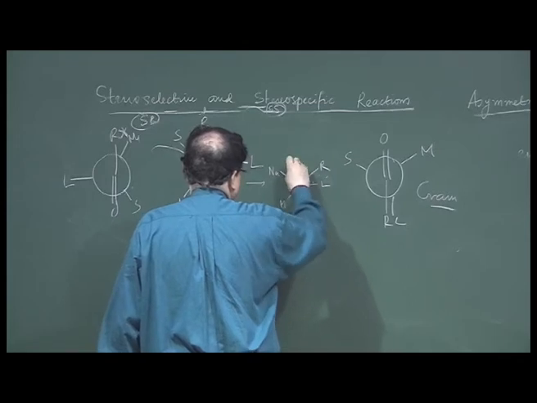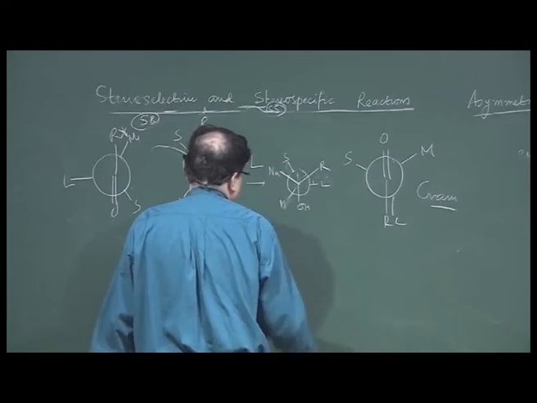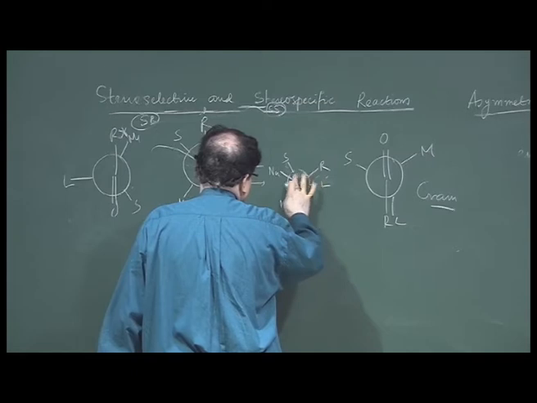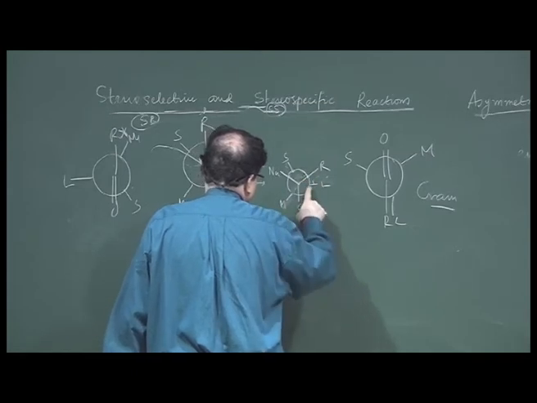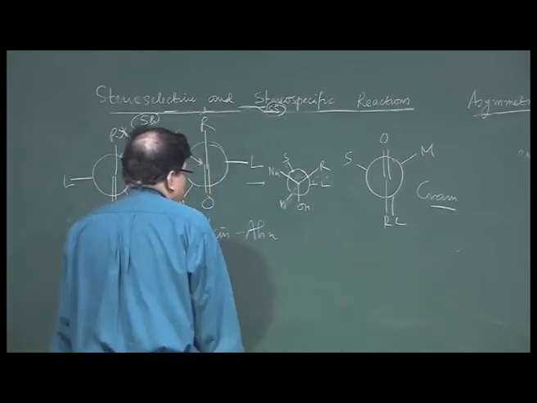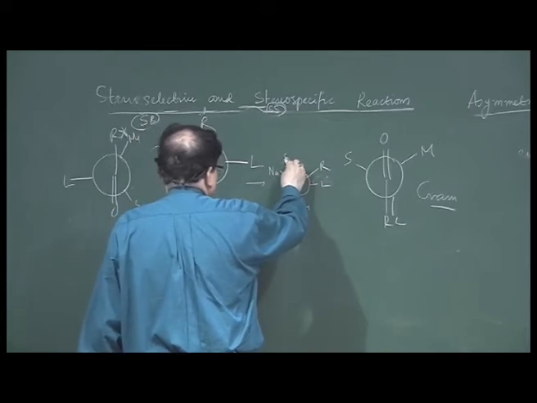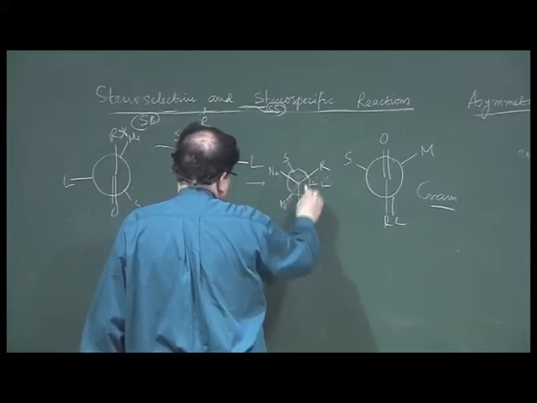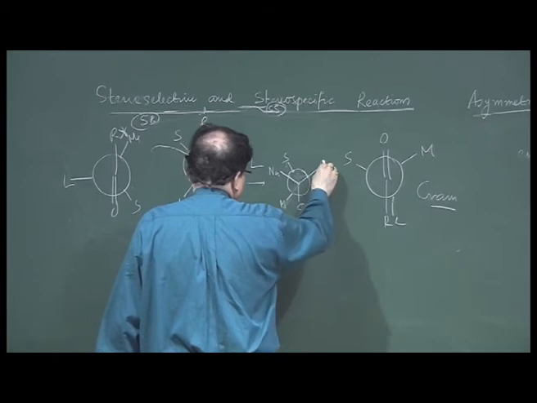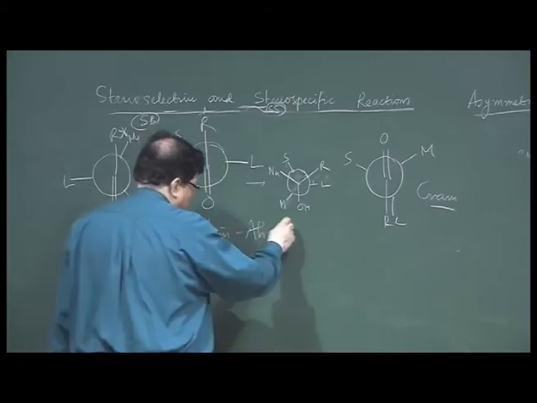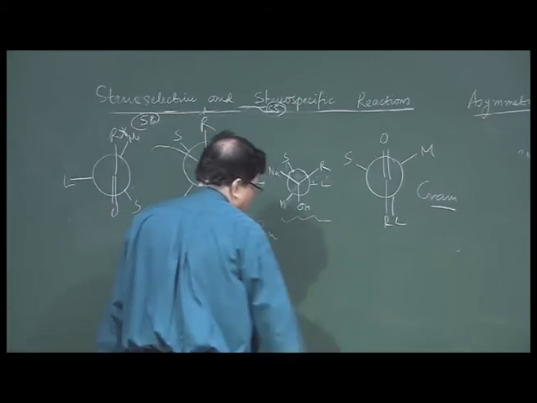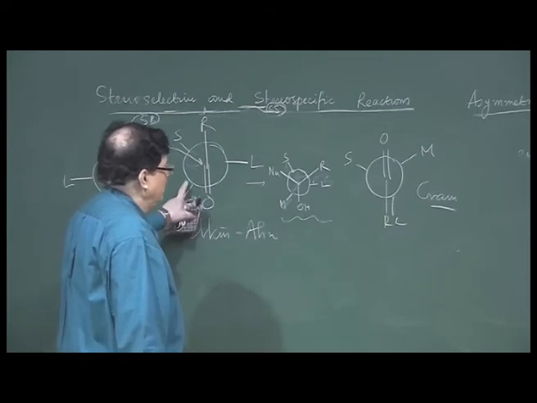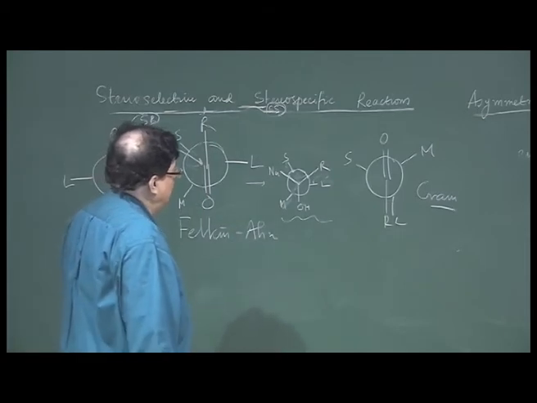So, S is somewhere here, M is here and L is there. Okay. So, if you rotate it, S will eclipse the nucleophile, M will eclipse OH and L will eclipse R. It is the same product, remember, as the Cram product, but this is a better approach.